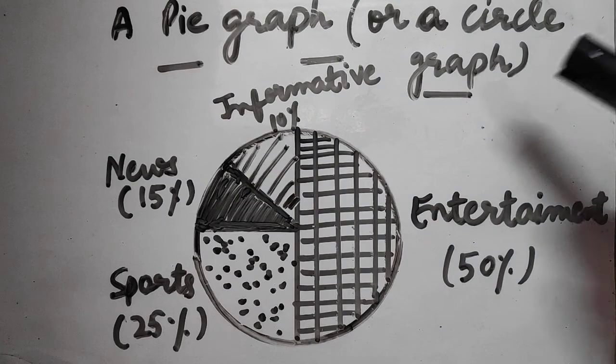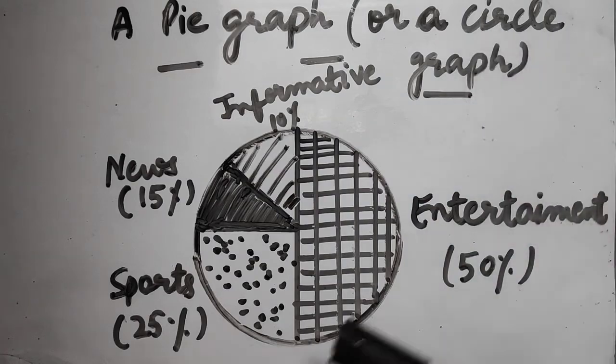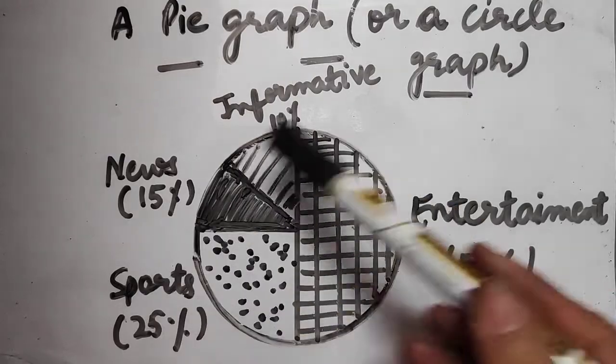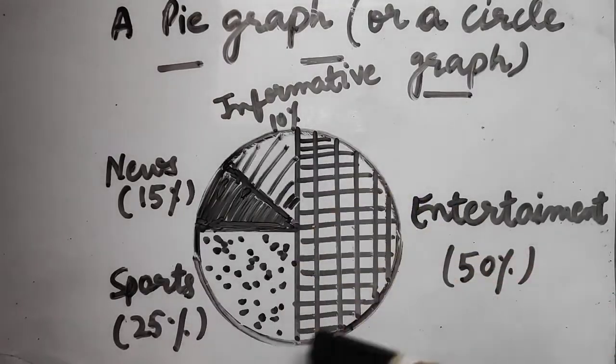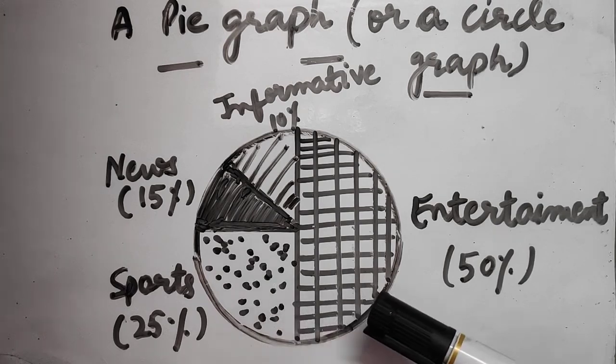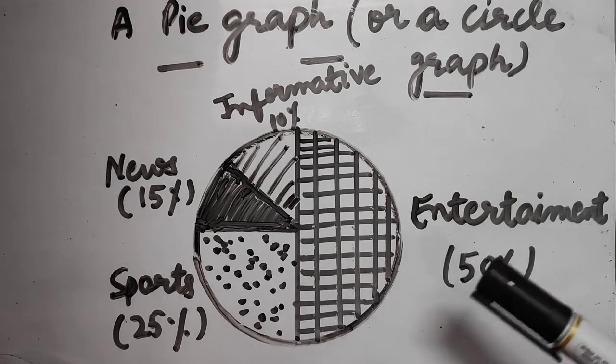Pie graph is also known as circle graph. Basically, pie graph is used to compare parts of a whole. The circle represents the whole. You can see clearly in this circle, this represents the whole. It shows the percentage of viewers watching different types of TV channels.